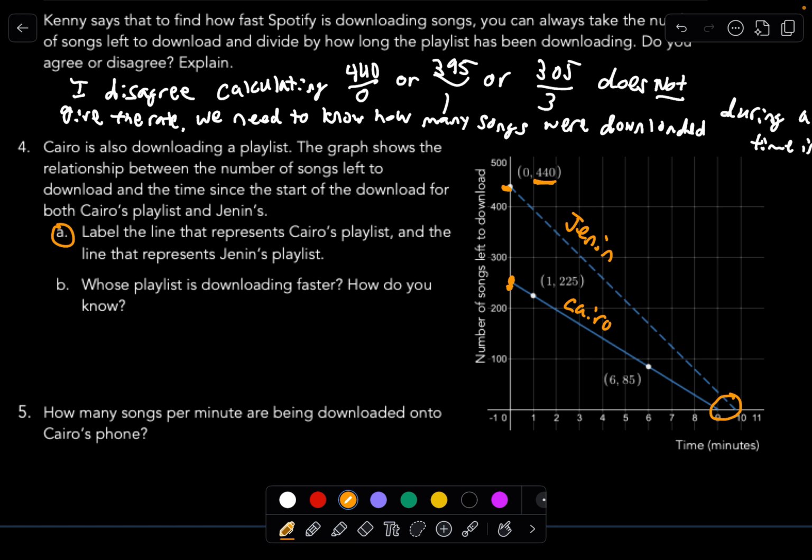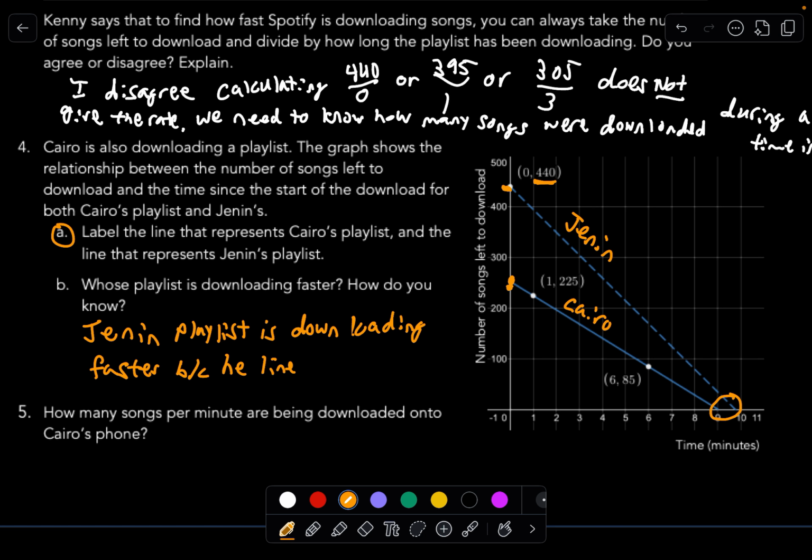So it appears that Janine's playlist is downloading faster because her line is steeper, goes down faster.